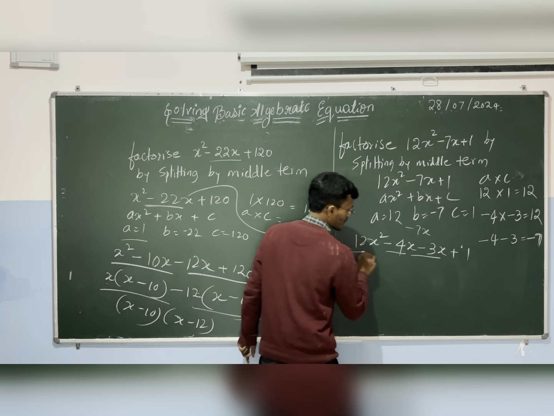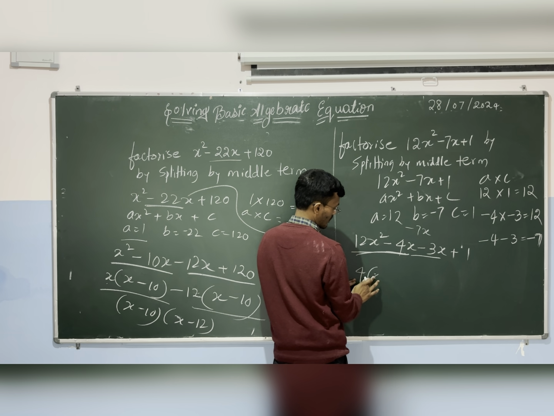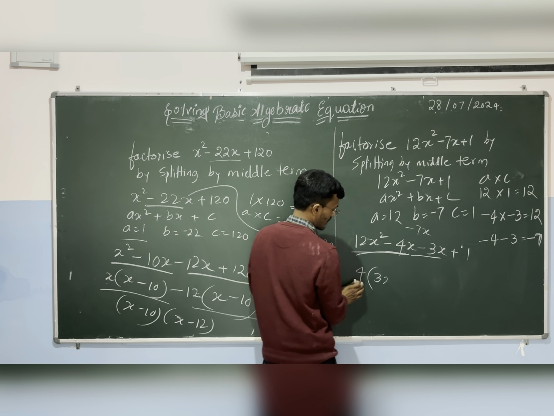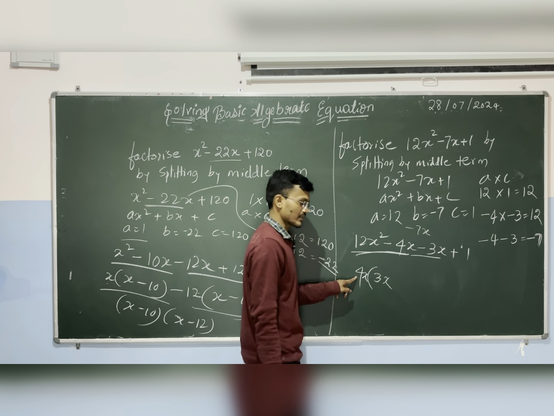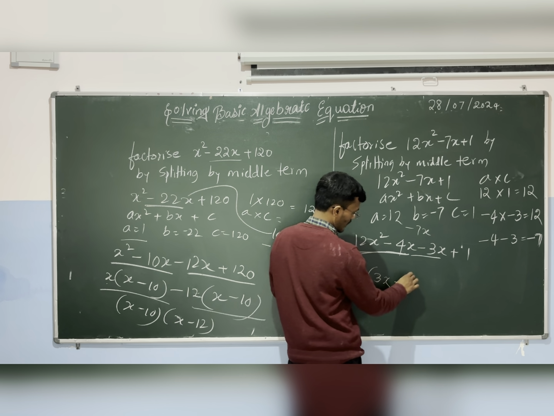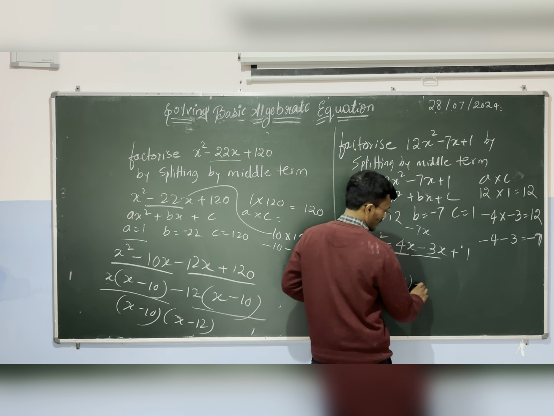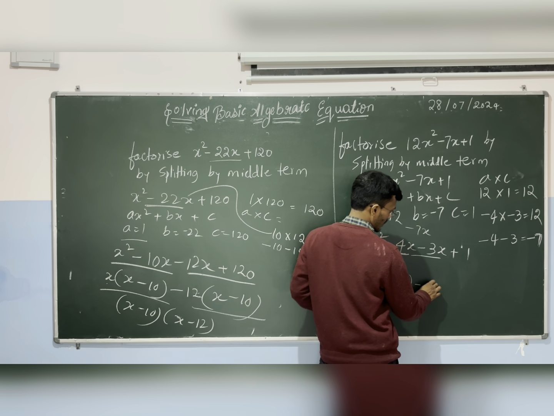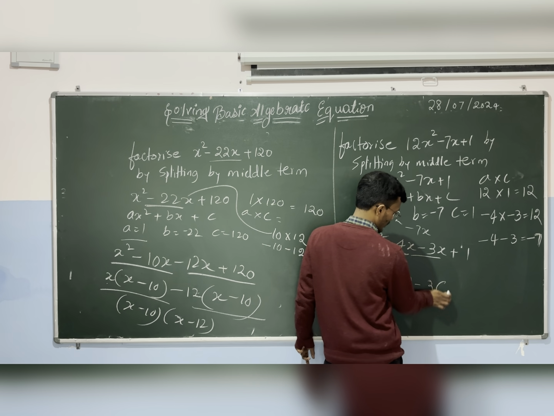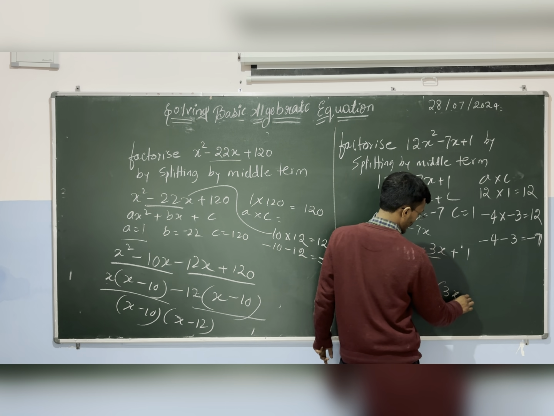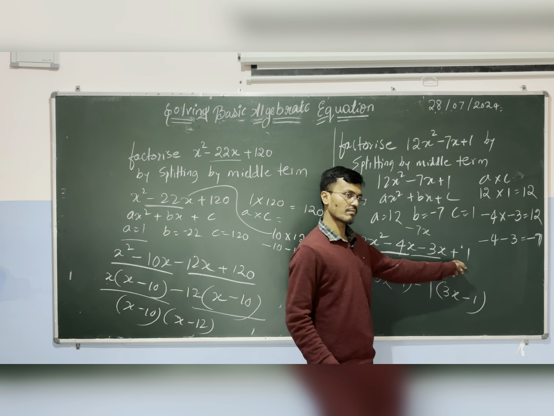Among the first two terms, 4x is common: 4x into 3x is 12x square, and 4x into minus 1 is minus 4x. Among the last two terms, minus 1 is common: minus 1 into 3x is minus 3x, and minus 1 into minus 1 is plus 1.